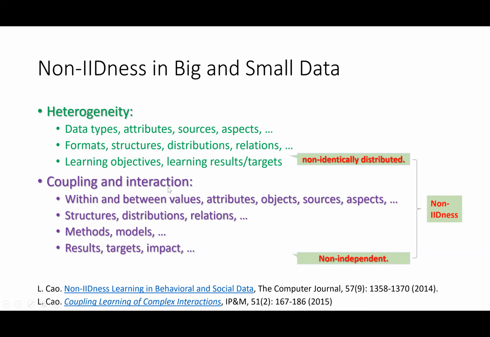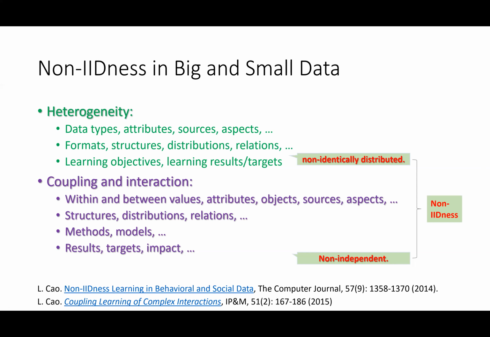Another thing I broadly call coupling or interaction. The term actually comes from cybernetics, mathematics, statistics, et cetera. In statistics and mathematics, we have the concept of interaction, feature interaction, variable interaction, right? And in cybernetics, you have system variables, and they could be loosely coupled or strongly coupled.